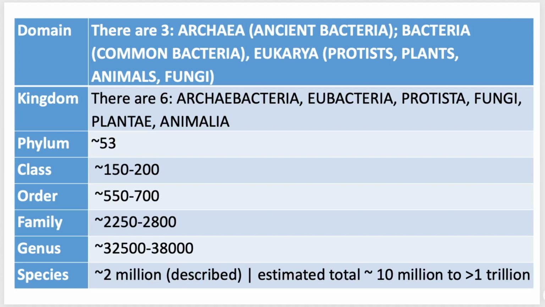And they think that that number could end up being, eventually, anywhere from 10 million to 1 trillion different types of species. So you can see that there's more organisms as you move down, because there's more groups within each taxon as you go down.